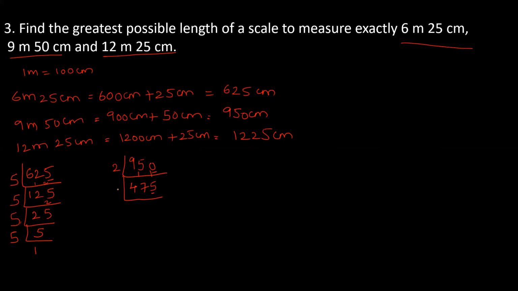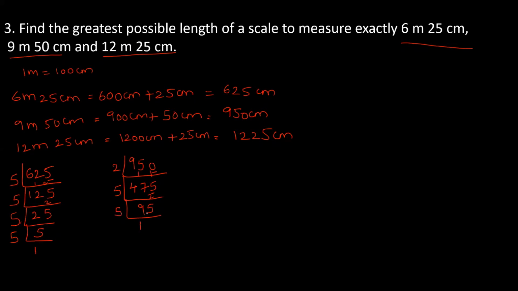The ones place digit is 5, so it is not divisible by 2. So it will be divisible by 5. So let's take 5. 5 9s are 45. 47 minus 45, 2. So write here 2. 2 5, 25. 5 5s are 25. And take 5. 5 1s are 5.